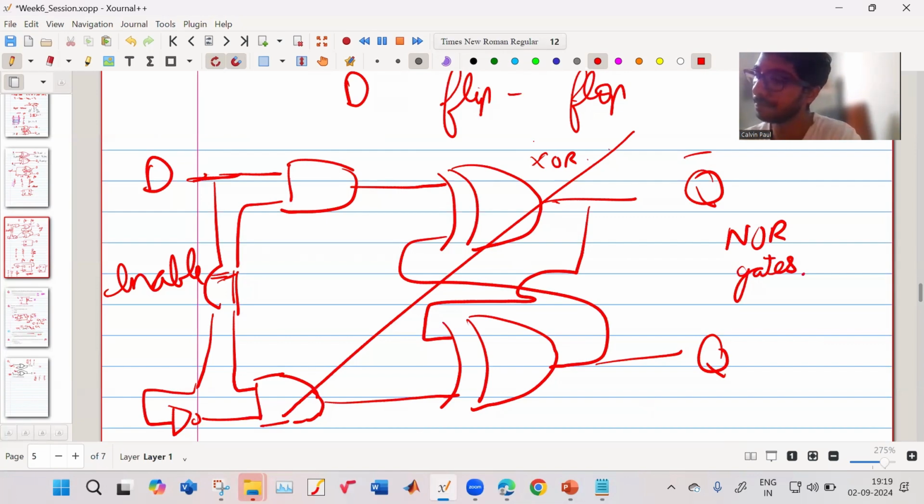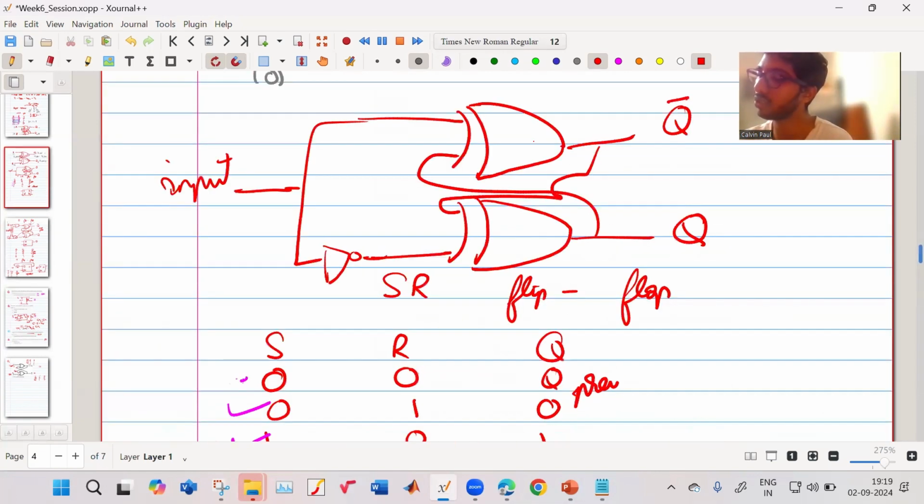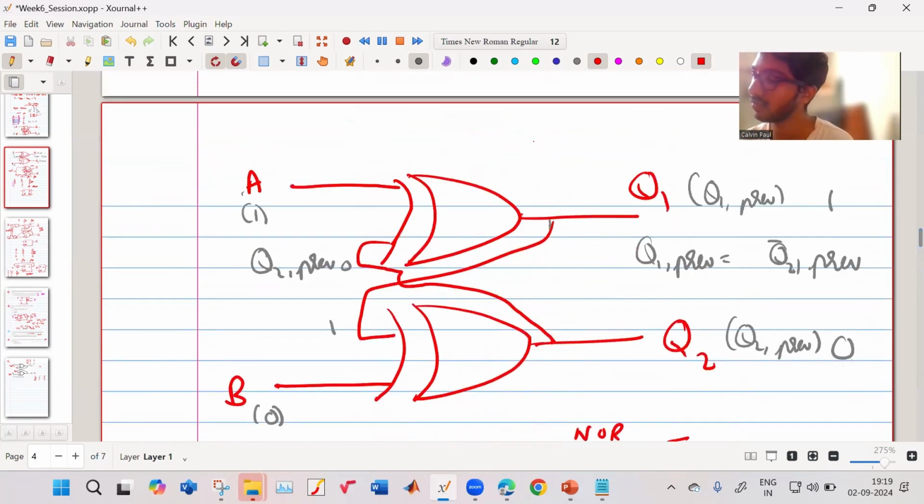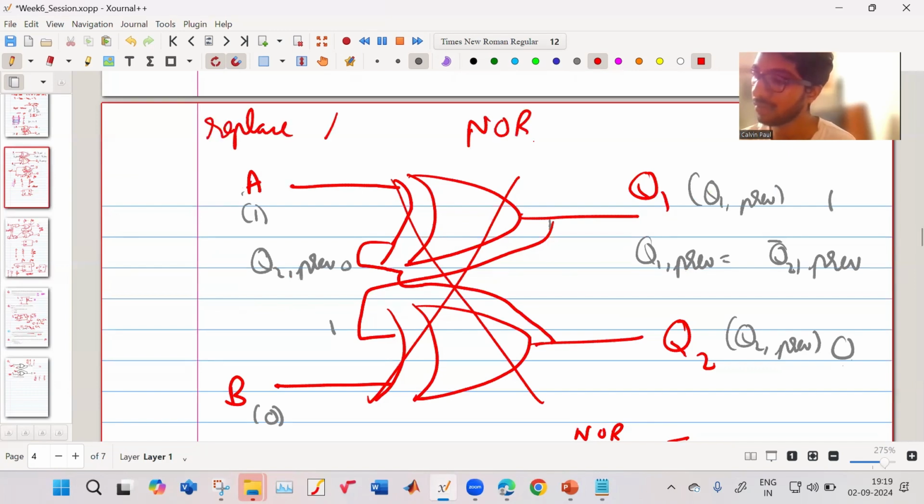Yes, sir, NOR and NAND gates can be used. So I had made a mistake. I considered XOR gates, but actually they were NOR gates. So all of these should also be NOR. Here also, replace XOR with NOR.